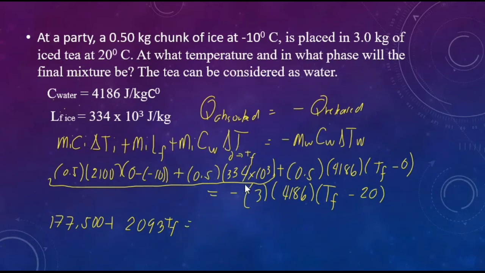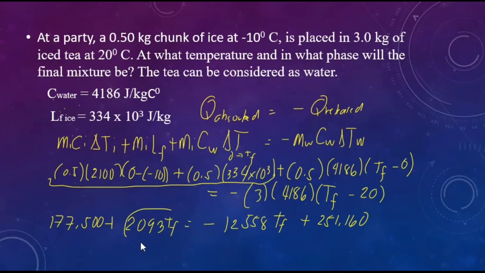Then equals this term, 3 times 4186 TF. So that is negative 12,558 TF plus 251,160. Okay? So combine all terms with TF.